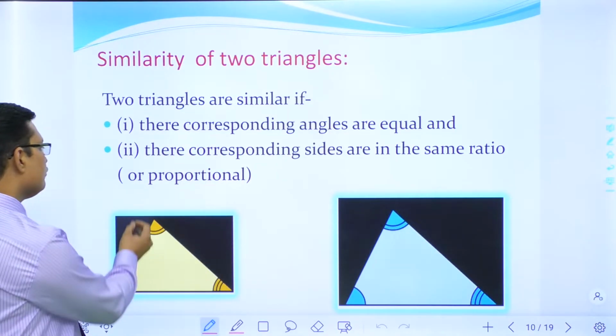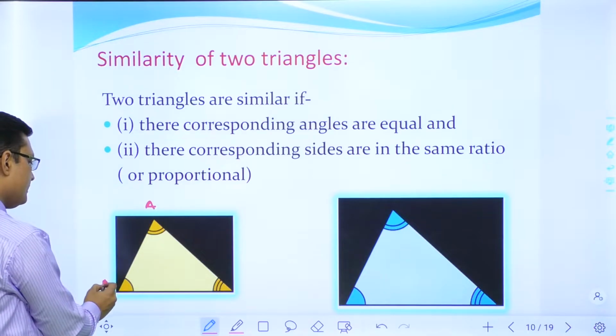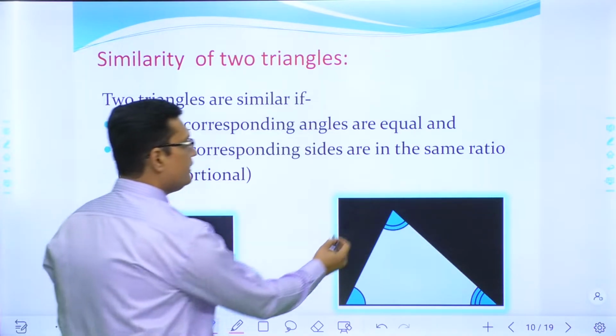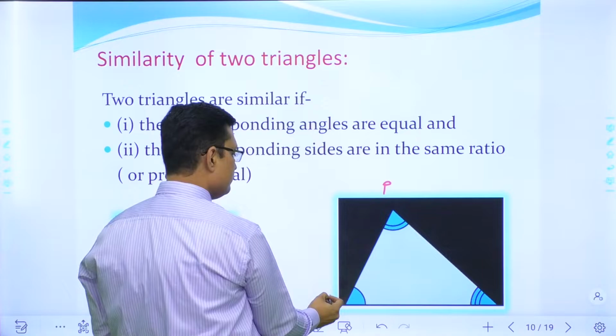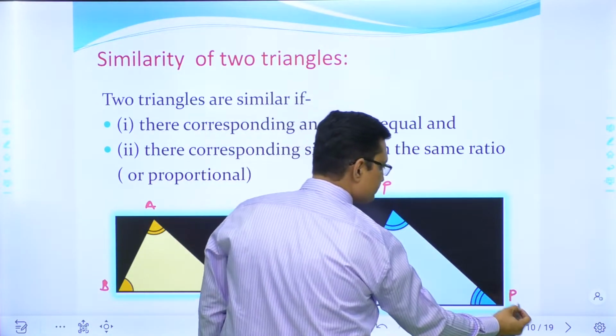Now I am explaining: suppose this is triangle ABC and this is triangle PQR.